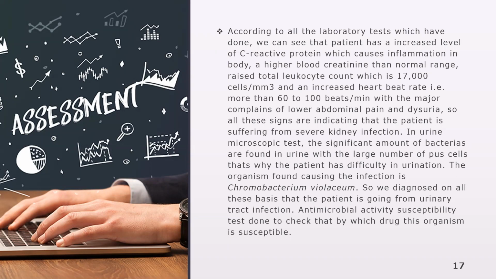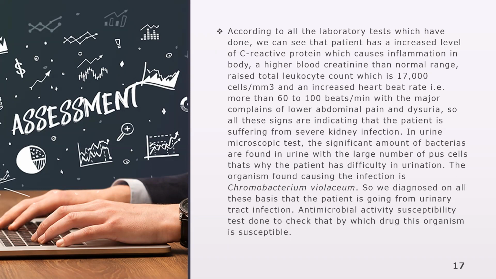The patient also has a raised leukocyte count. The normal range is 10,000 to 11,000 cells per cubic millimeter, but the patient's is 17,000, which is increased. The patient has an increased heartbeat of 110 beats per minute, and the normal heartbeat is 60 to 100 beats per minute.